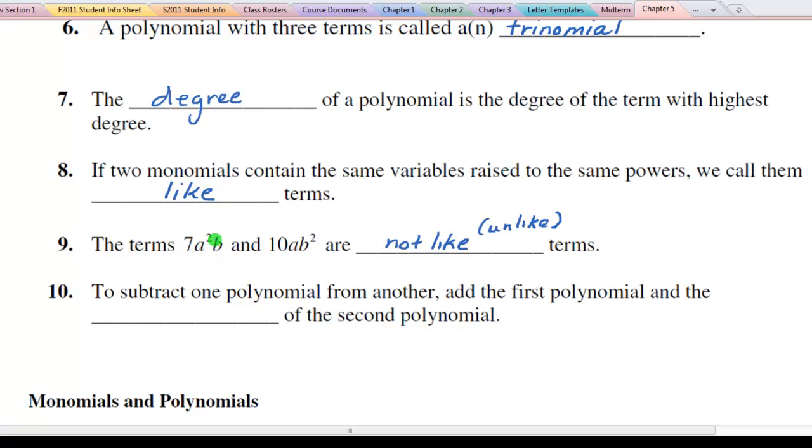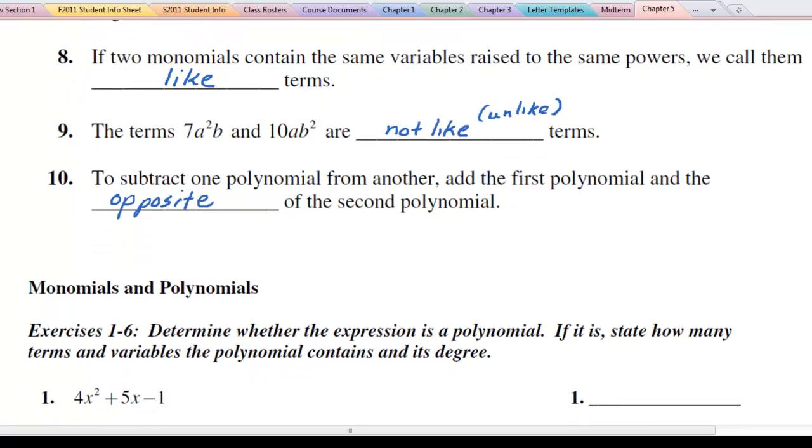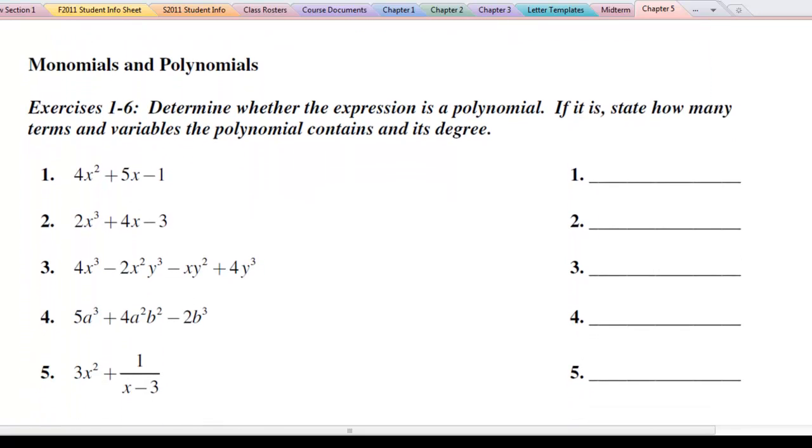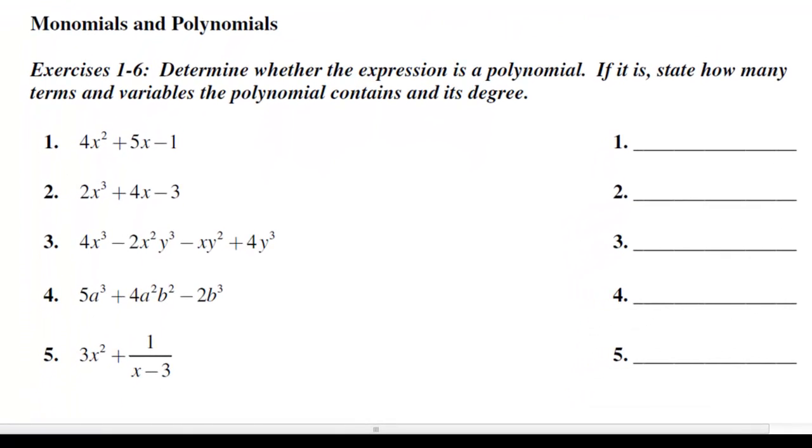Notice that here a has the square and here b has the square, so these are not like terms. To subtract one polynomial from another, add the first polynomial and the opposite of the second polynomial. So to subtract is the same as adding the opposite. Okay, let's do some problems and use some of those notes.